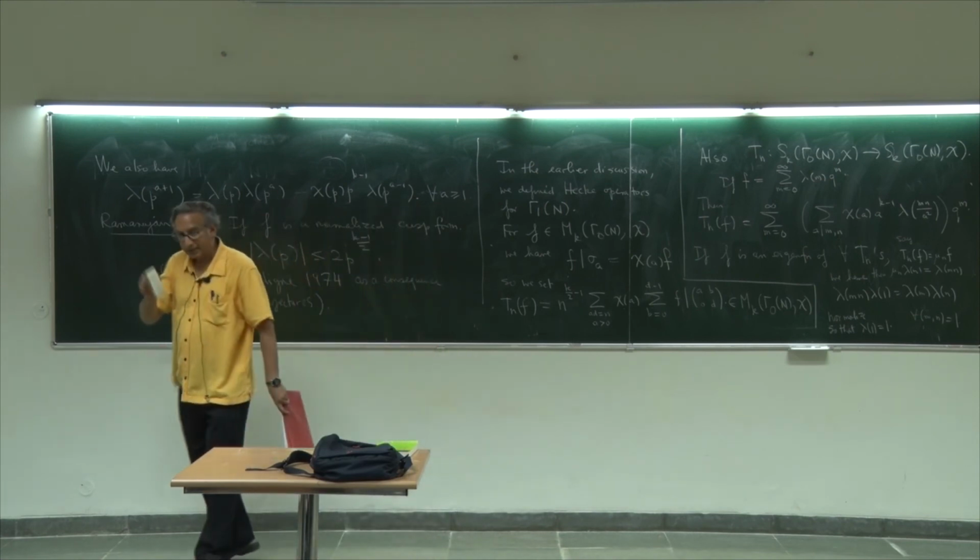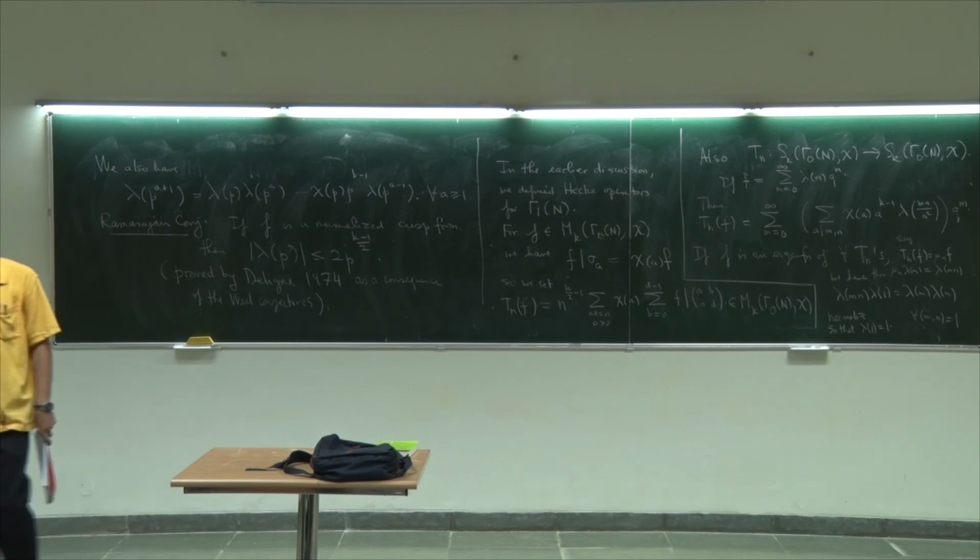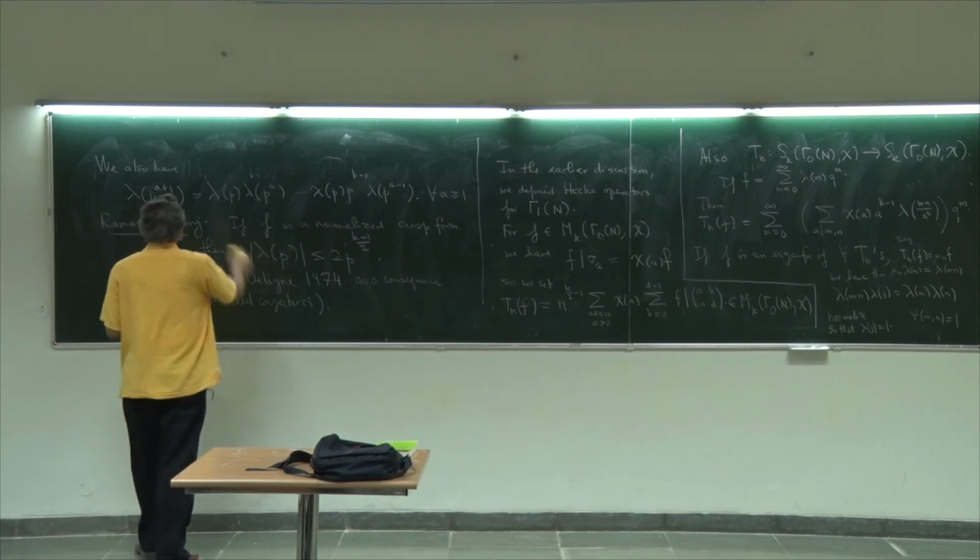That's a little bit subtle because I've defined Tn's for all n's, but it turns out the Hermitian property only works for little n coprime to capital N. That's an important sticky detail.